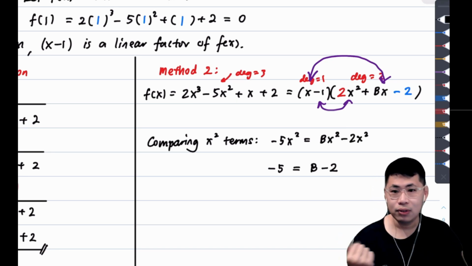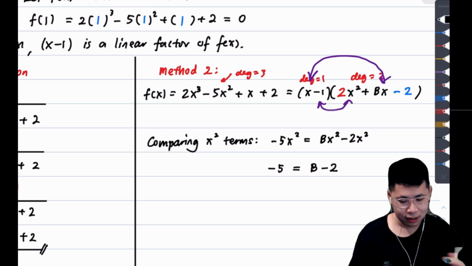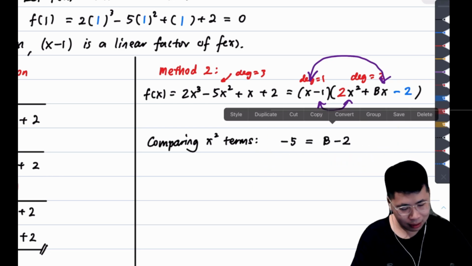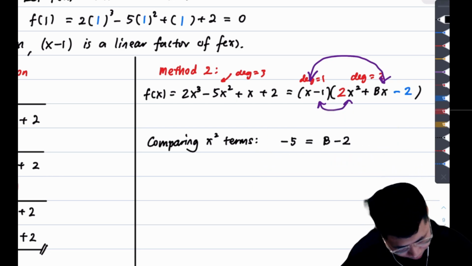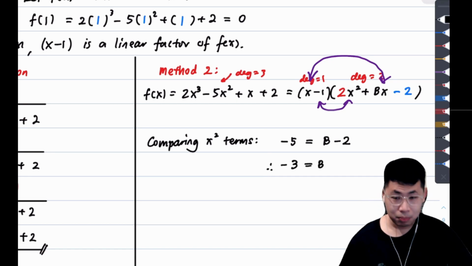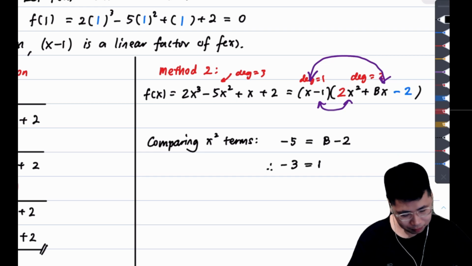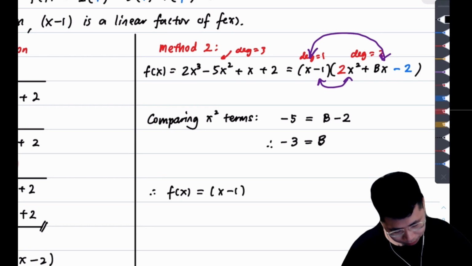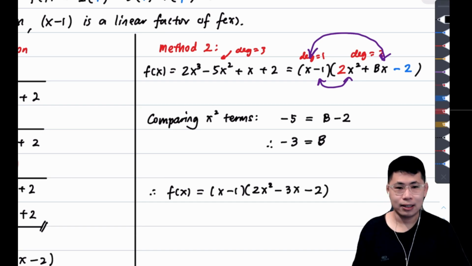We can remove the x squared and just compare the coefficients. So over here, -3 is going to be equal to b. Last but not least, we can express f(x) as (x minus 1)(2x squared minus 3x minus 2), like this.